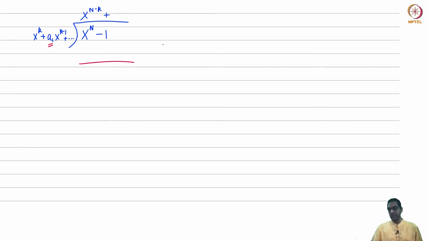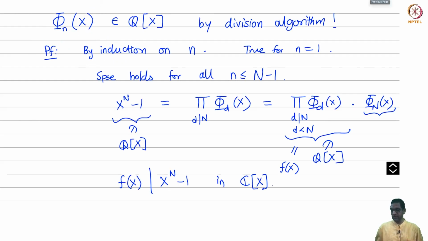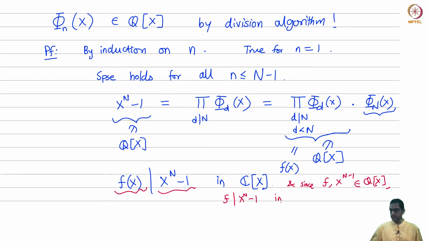You can make this argument a bit more formal as well, but the broad idea is that if f(x) divides this in C[x], and since these are in Q[x], one can also conclude that f divides x to the n minus 1 in Q[x].